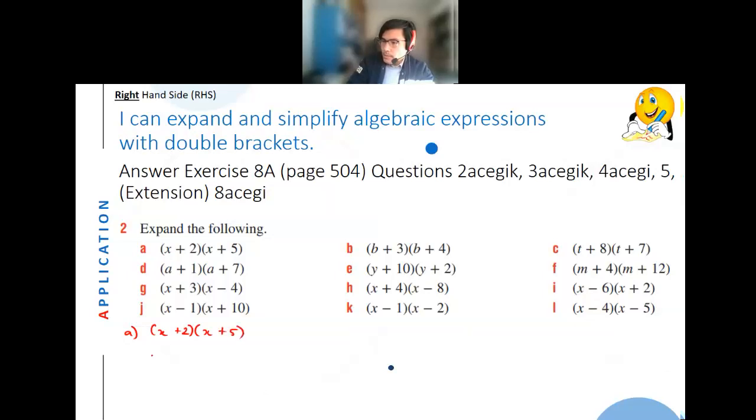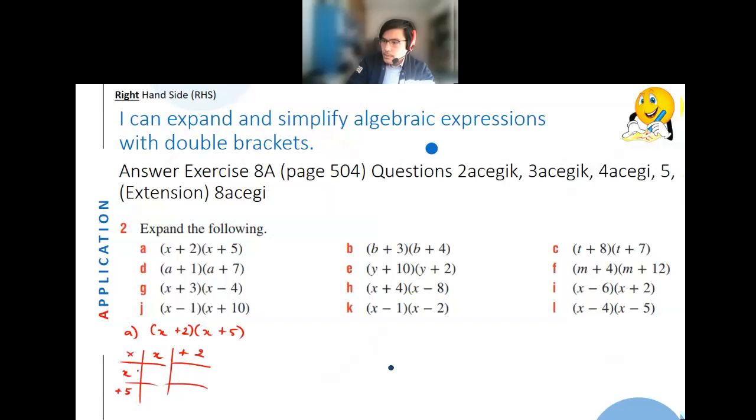The way that we set this up is, for the first pair of brackets, I'm just going to write it up here, and then for the second pair, x plus 5 down this way, and then we're just going to multiply them together.